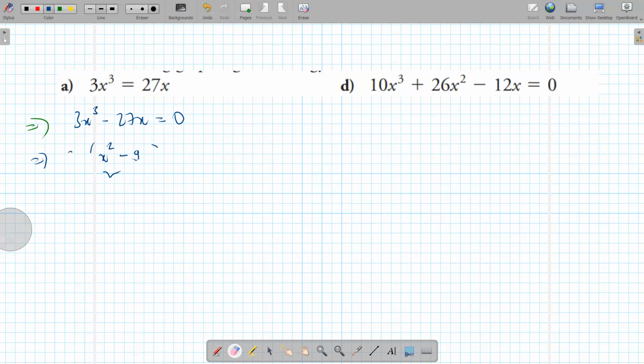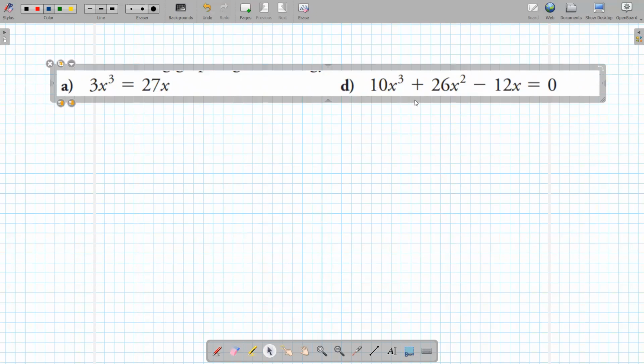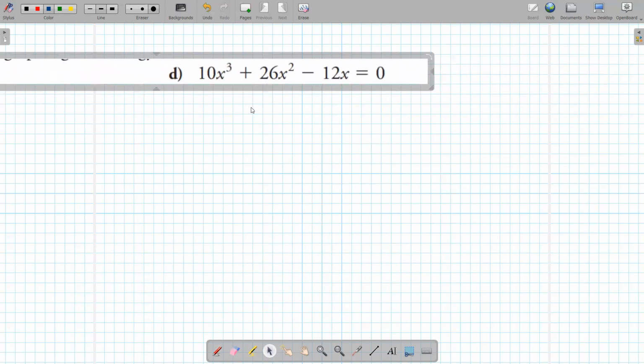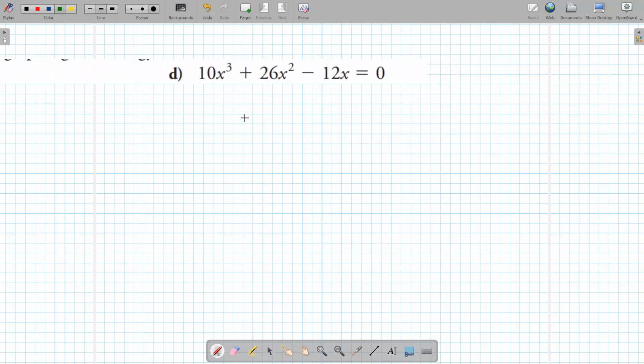Same idea with D. It looks pretty menacing, but it's not. We've done a question like this at least 100 times. It's because when you factor something out, it becomes a quadratic. What can we factor out?